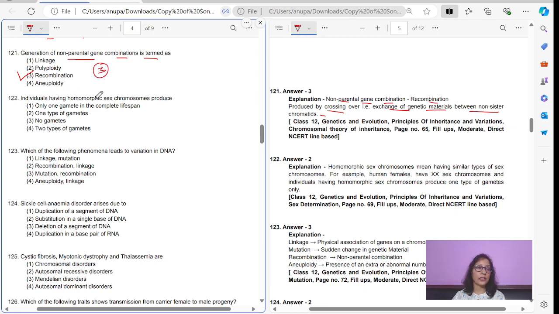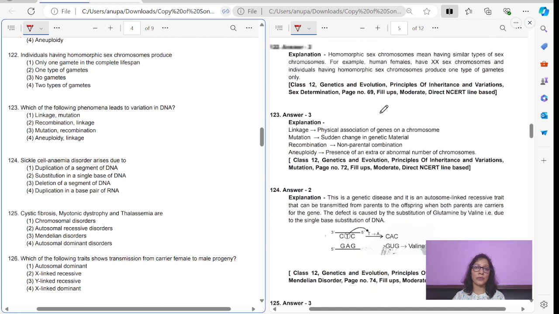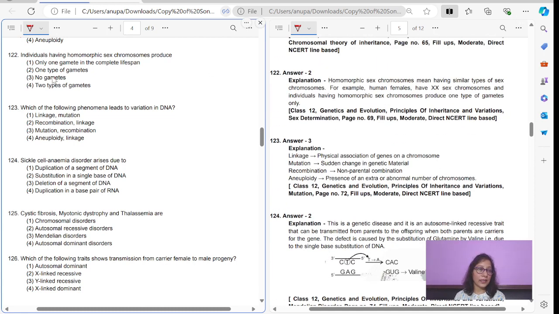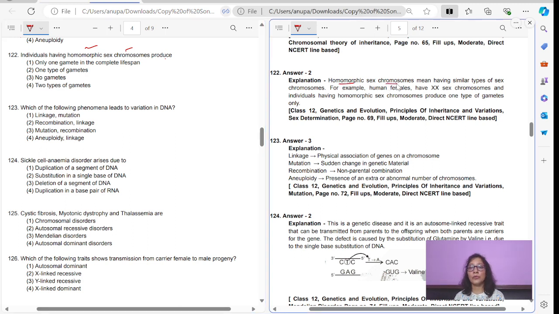Now let's move to the next question, that is question number 122. It states that individuals having homomorphic sex chromosome produce. So what is homomorphic sex chromosome? Homomorphic sex chromosomes means similar types of sex chromosome are present in an individual, like in human females we have XX sex chromosome.